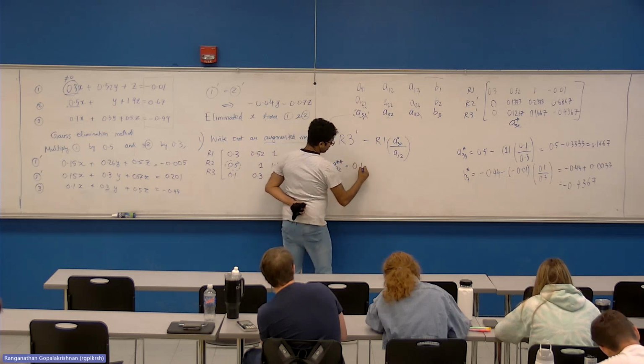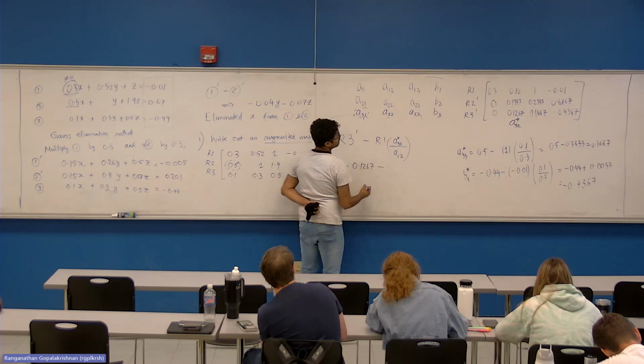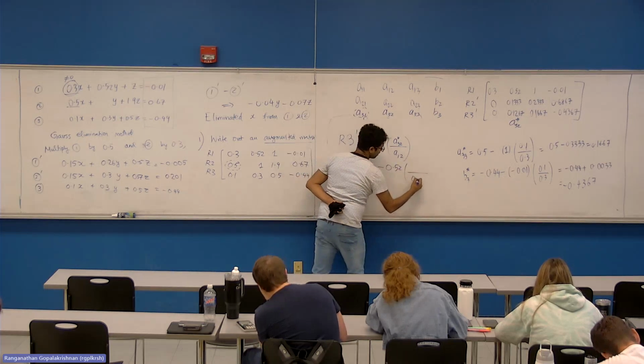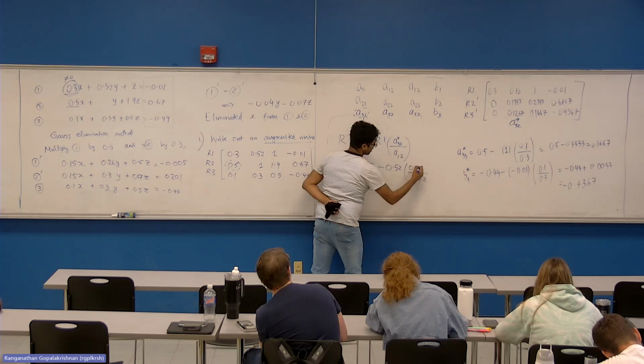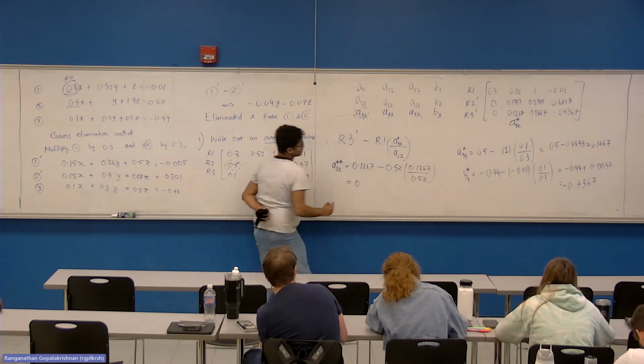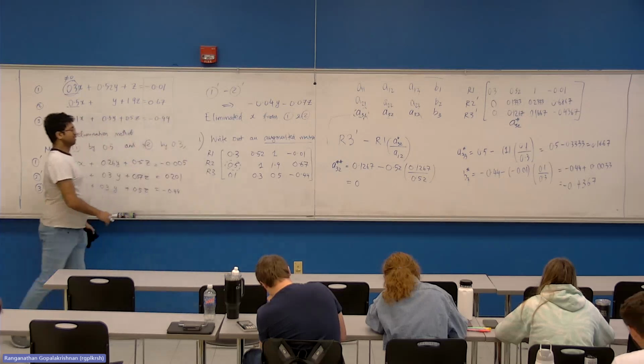That would be 0.1267 minus 0.52 divided by 0.52 multiplied by 0.1267, which is 0 by definition. That's the intention, right?